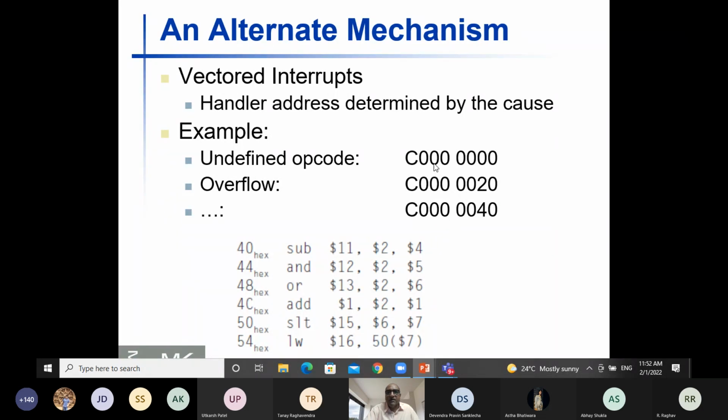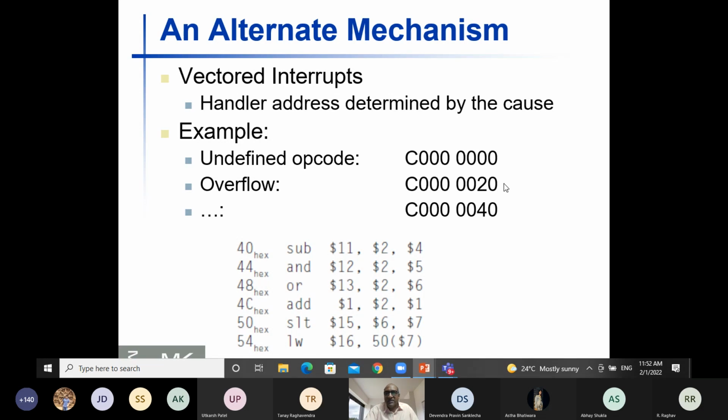All these exception routines are placed at specific addresses in vector form. That means all these routines are separated by the same constant address range.